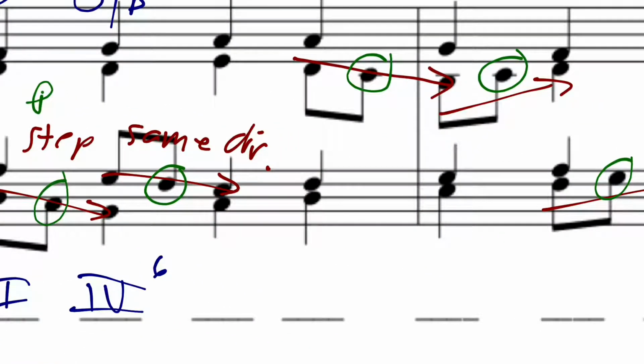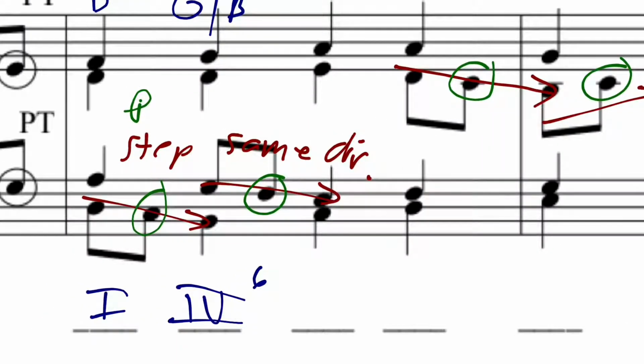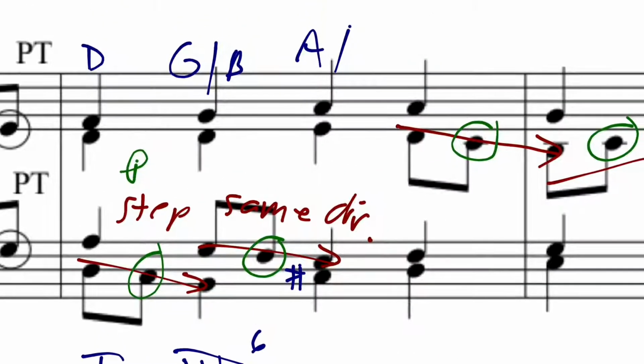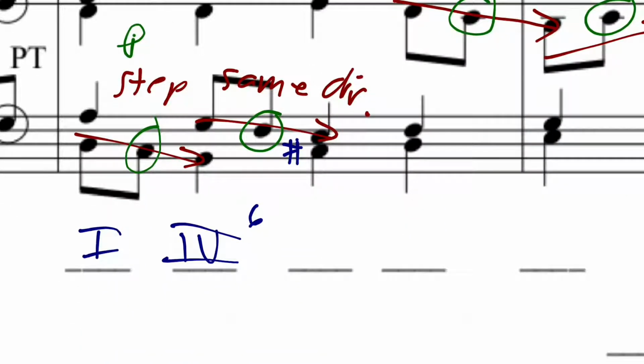So we can actually write that in there if we're confused or forget. So we got C sharp, E, E, and A, and that means that we got an A chord. But it's got, again, C sharp on the bottom. So that is a V chord in first inversion.